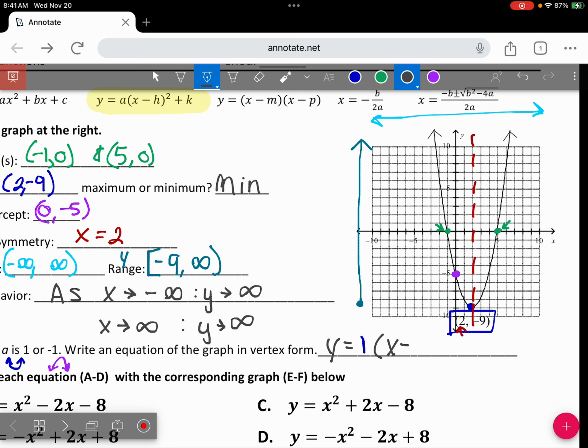X minus what? What are we going to put here? 2. My vertex is made up of the point h comma k every single time. So I have my h and k right there. So x minus 2 squared plus my k minus 9.